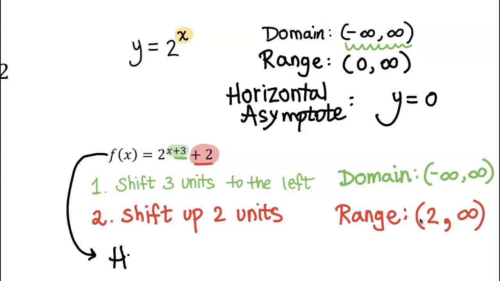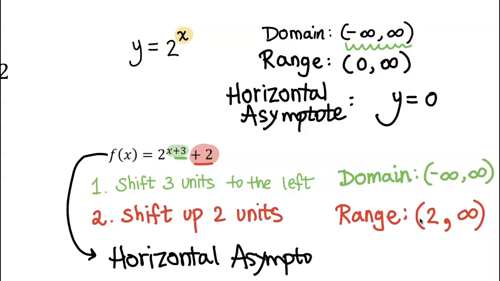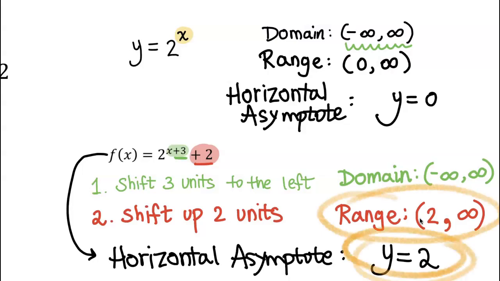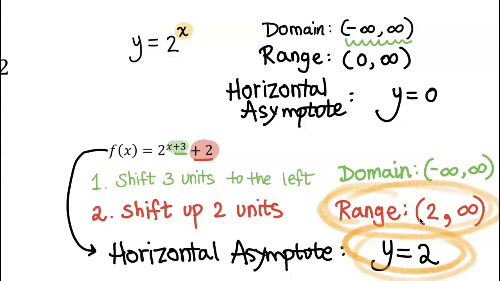So the horizontal asymptote will not be at y equals 0 anymore, but the new horizontal asymptote for this function will be at y equals positive 2. So notice how these two are very closely related. The range and the horizontal asymptote of an exponential function depend on the vertical shift of the function.